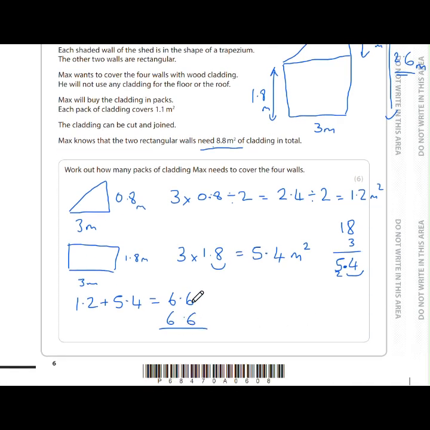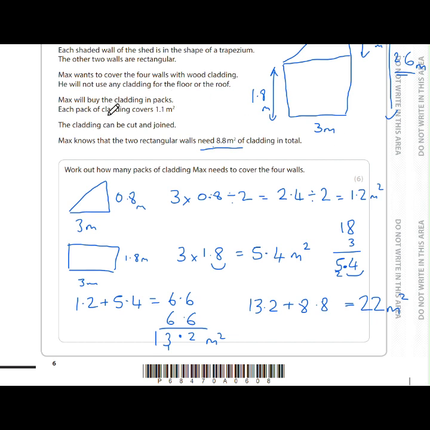And that would give you 13.2. So that is the area of the two trapeziums. And we're going to add this 8.8 because that's the two rectangular walls. So we've got 13.2 plus 8.8, and that gives you 22 meters squared.